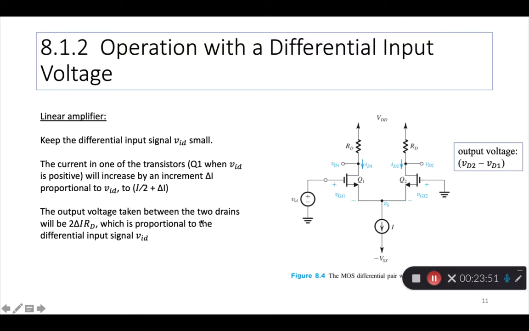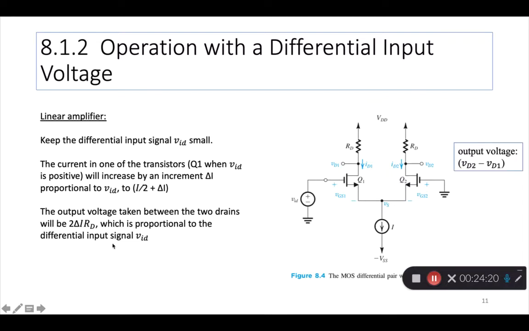So if the current that was flowing when we had common mode signal is I by 2, then by applying the differential voltage to one of the devices, you have increased the current by delta I, because of this VID. So this delta I is proportional to VID.